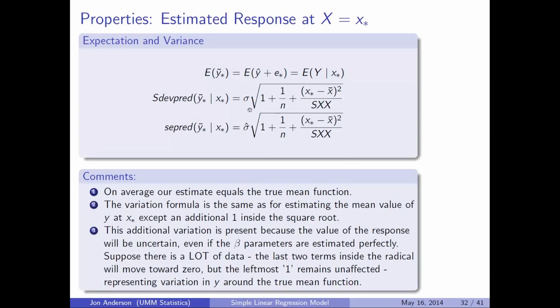And so this variation is always going to be somewhat bigger than it is for estimating the mean function. This would be the appropriate amount of variation to use if you're trying to figure out what you should expect from a single value of y when the predictor is x star.